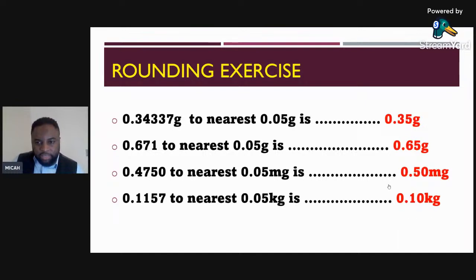Now, someone just asked me, is the 0 important after the 1? Yes. If they ask you to round to the nearest 0.05, it's already in 2 decimals. So you can't put your answer down as 0.1, because it's in 2 decimals. Or sometimes they will say leave your answer to 2 decimal places. Don't put 0.1 as your answer if they've asked you for 2 decimal places. Does that make sense?